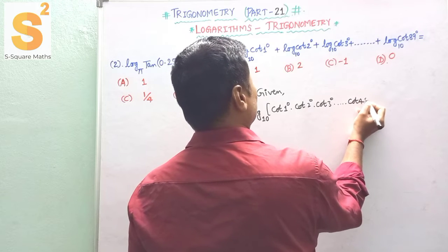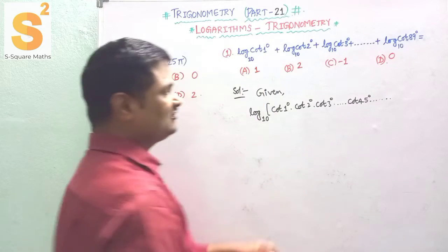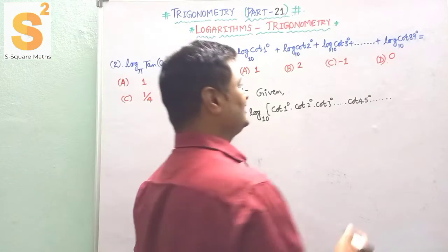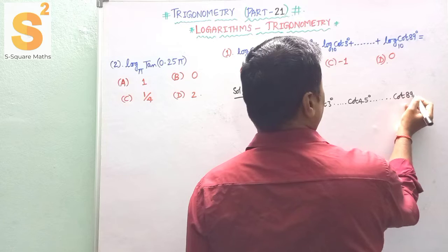Somewhere I can write cot 45 degrees, in the middle we will get, because we have the standard value. Cot 30 degrees and cot 60 also you have, but no need here. At the same time, last again I can write cot 89 degrees.